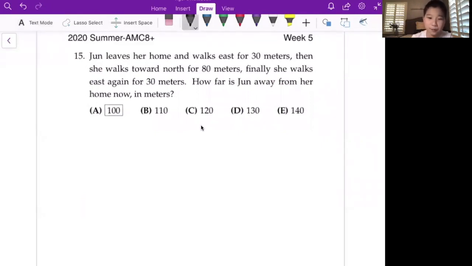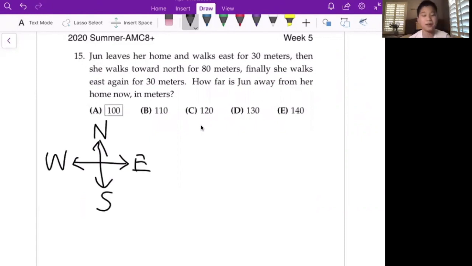Let's first get our directions right. Northeast, southwest. Okay, now let's do it. So a good thing to remember in these problems is to look at the total difference in position.